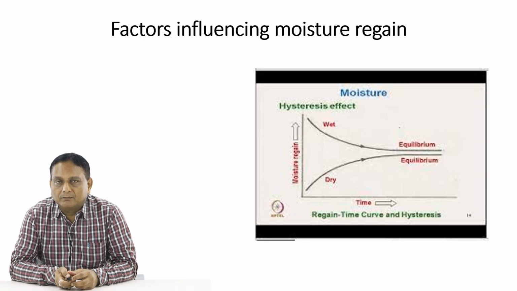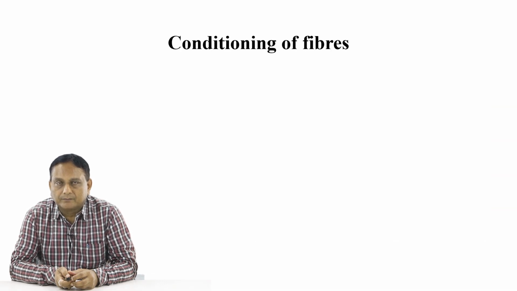Similarly, a dry sample kept in a standard atmosphere slowly absorbs the moisture and reaches equilibrium. So wet and dry, both samples are reaching the equilibrium conditions. That equilibrium condition of moisture is very, very important. So that is called the hysteresis effect.